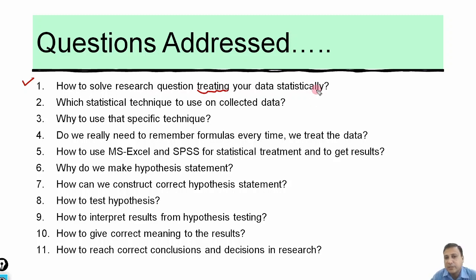So this certificate course tried to make you familiar with statistical treatment. Second question: which statistical technique to use on collected data, that part also we tried to discuss and make clear. Then the third question: why to use that specific technique for that specific data, that also we tried to address here in week 2 or 3 somewhere.